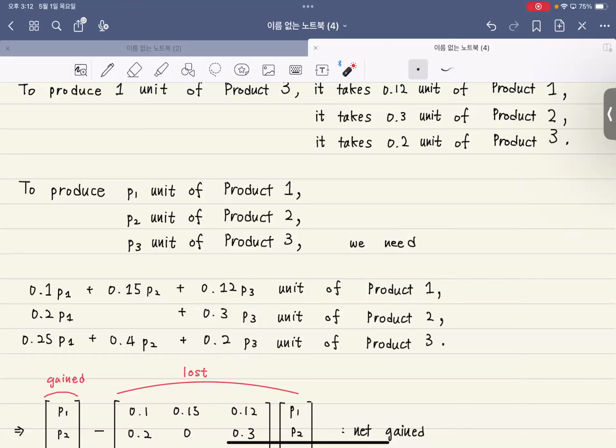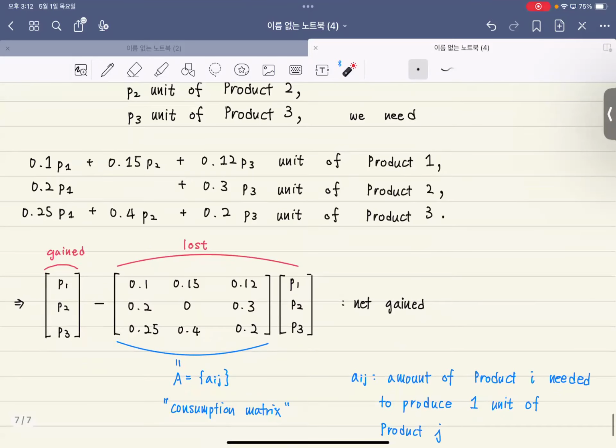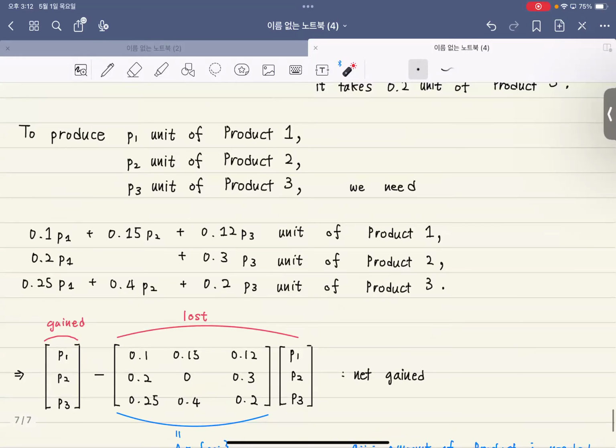Okay, now you know the game. After all, we have produced P1 units of product number one, P2 units of product number two, and P3 units of product number three.